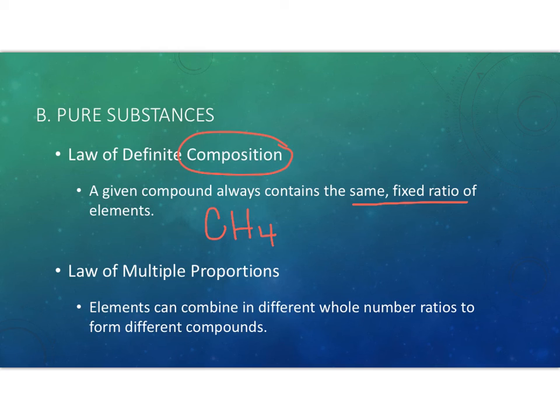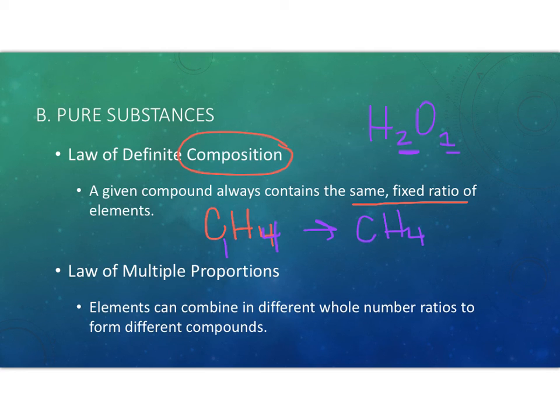This compound, CH4, always contains 1 carbon for every 4 hydrogen, every single time. Its chemical formula is always CH4. We call that a fixed ratio. Just like we said on the previous slide for water, it's a compound, H2O. It's a fixed ratio of 2 hydrogen to that 1 oxygen.